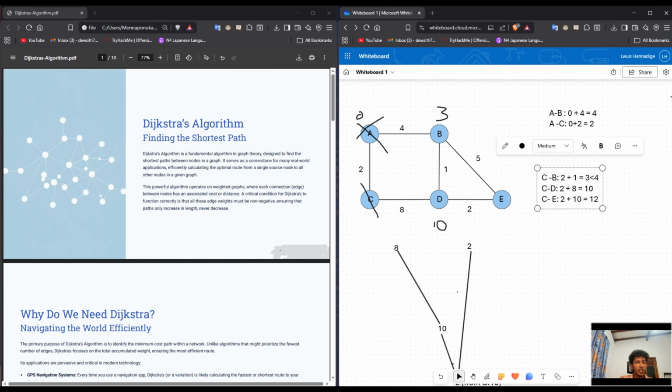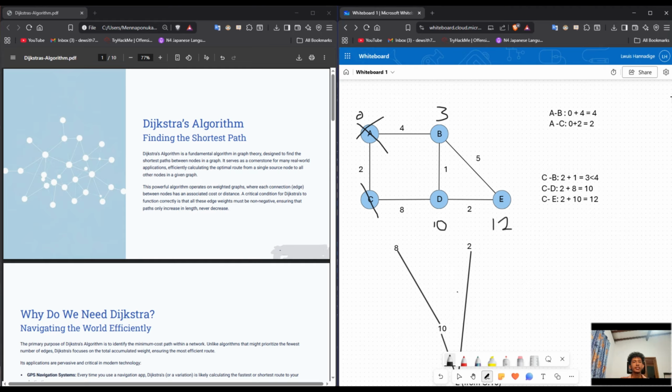Now we can update E as 12. So we have visited B as 3, C only visited, D as 10, E as 12.